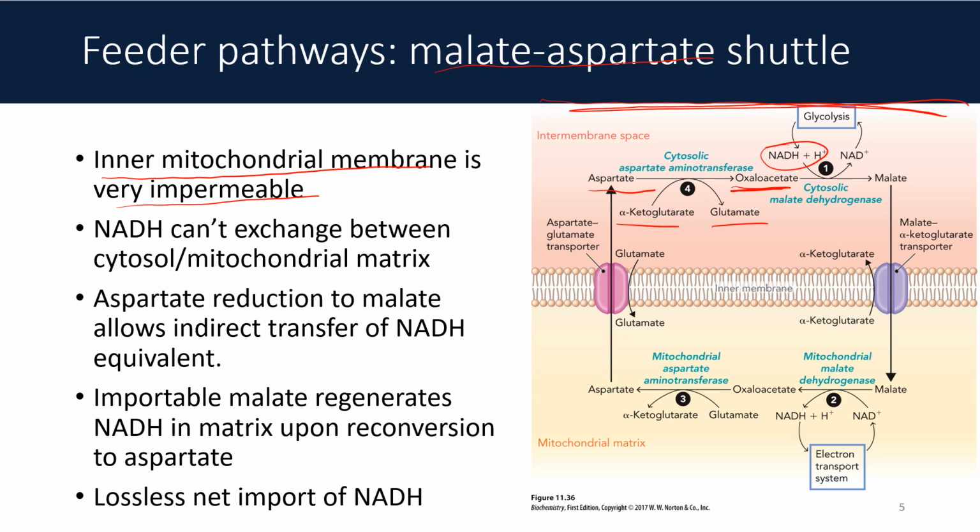From there, a second enzyme, cytosolic malate dehydrogenase, can reduce oxaloacetates with NADH made via glycolysis and convert it into malates. And all of this is happening within the intermembrane space, mind you, all right, on the front side of the inner membrane, the impermeable one.